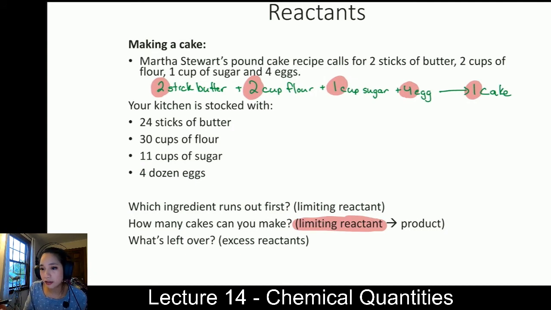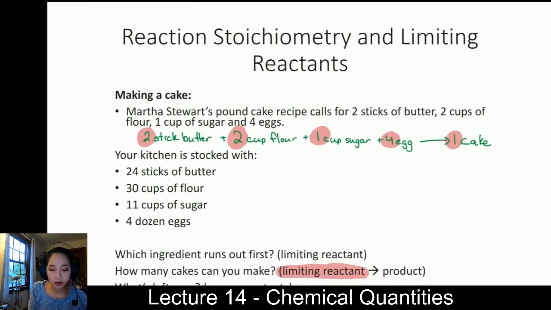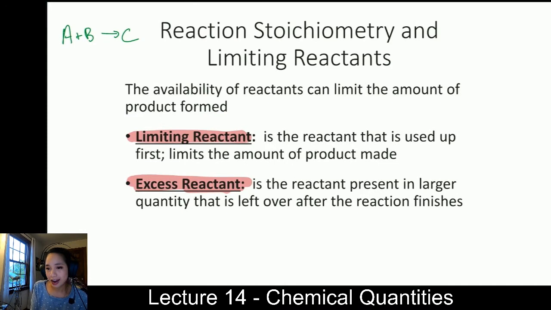If you run out of eggs, then that's going to determine how many cakes you can make, if that's your least amount of reactants. And then finally, I can ask, what's left over after you make all of the maximum possible cakes? What ingredients are left over? Those are your excess reactants. So see how baking a cake relates exactly to our concepts of limiting and excess reactants.